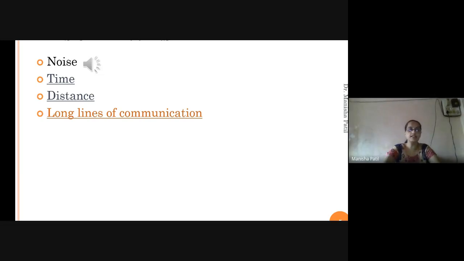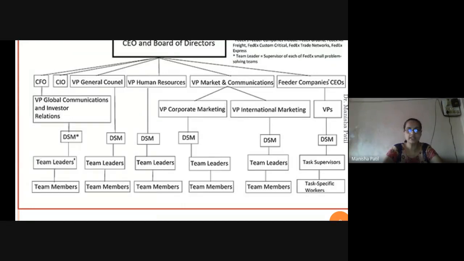Next, long lines of communication. Now, you can see this organizational structure. As you know, formal communication has to go through the proper channel. So if a team member over here has to communicate with a team member over here, he has to go like this.